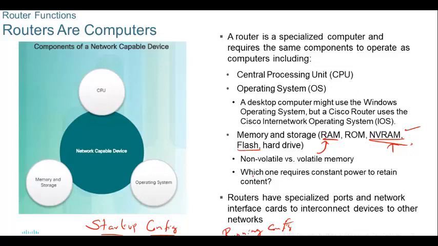That's about the memory. And also we have on the router some ports of different speed. When I say port, I'm not talking about the transport layer port numbers. No, no, no. I'm talking about the physical port that you plug the wire into, the Ethernet cable or the serial cable. Ports. So routers have got ports.